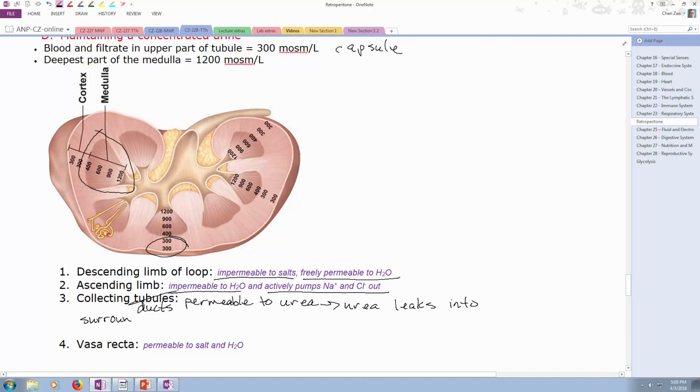And remember, our collecting ducts are actually in the pyramids. And is helping to maintain some of that concentration gradient.